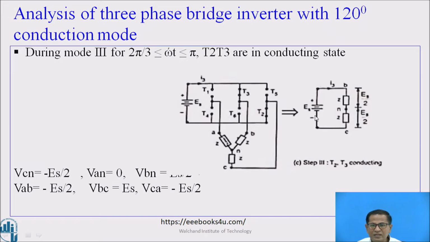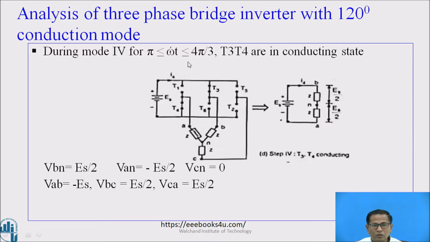Therefore, VBN is equal to plus ES by 2, VCN is minus ES by 2, and VAN is 0. And VAB is equal to minus ES by 2, VBC is VBN minus VCN, which is plus ES, and VCA is VCN minus VAN, which is minus ES by 2.